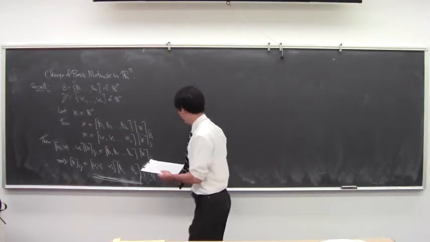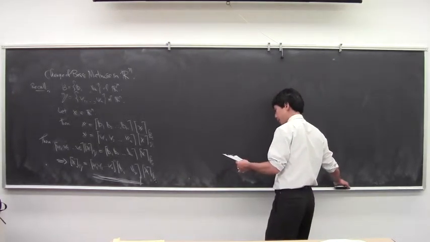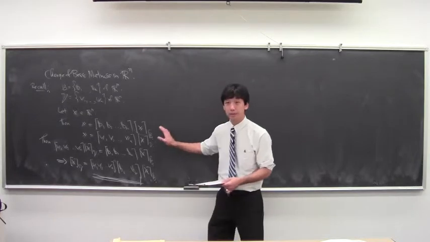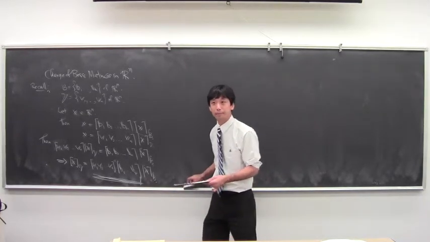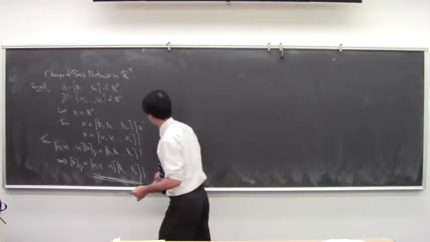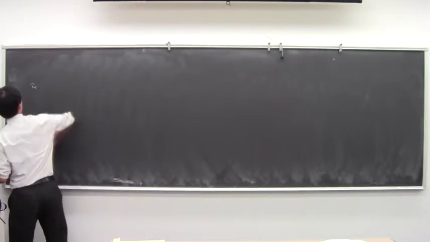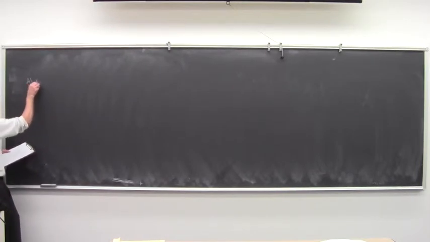So now we're going to do the same thing in the case of abstract vector spaces. I'm going to erase all this just to restart. Okay, so abstract vector spaces.